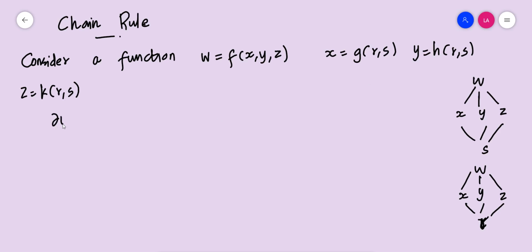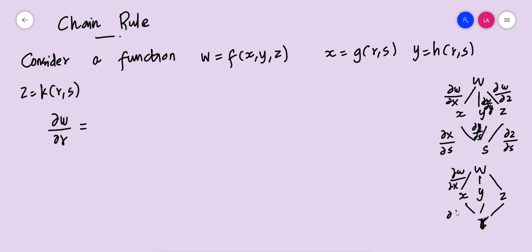So the partial derivative of w with respect to r is actually this: dou w by dou x times dou x by dou r, dou w by dou y times dou y by dou r, dou w by dou z times dou z by dou r.